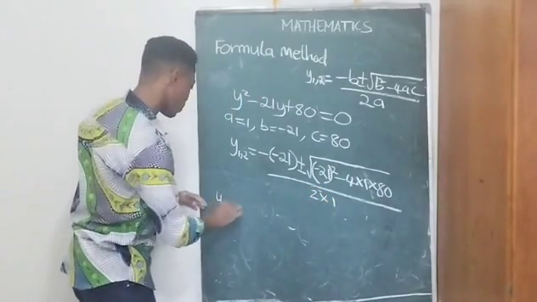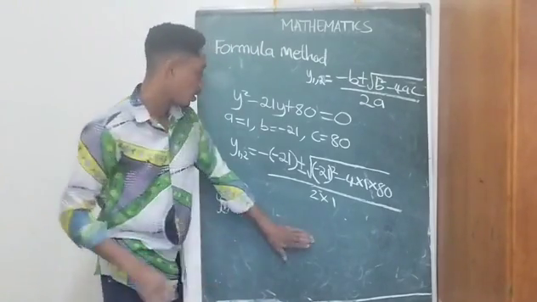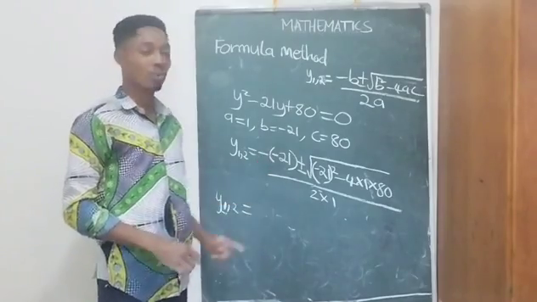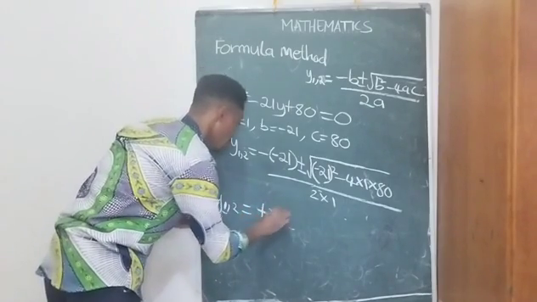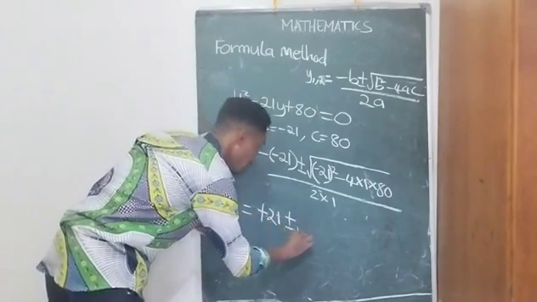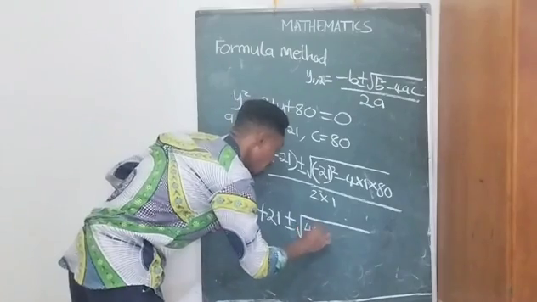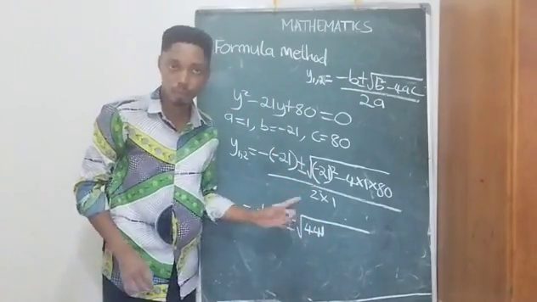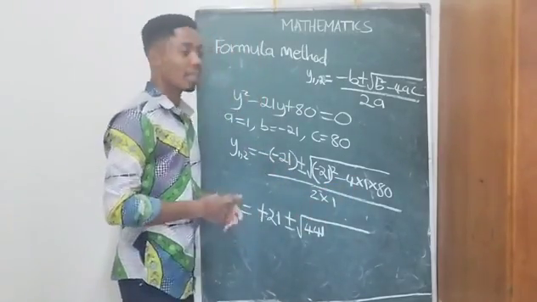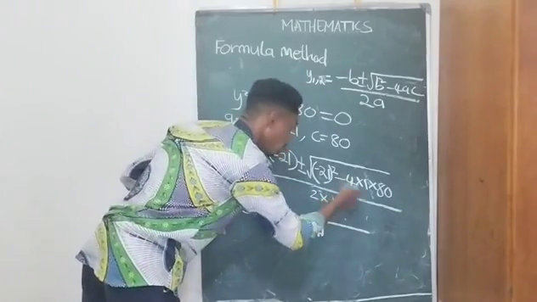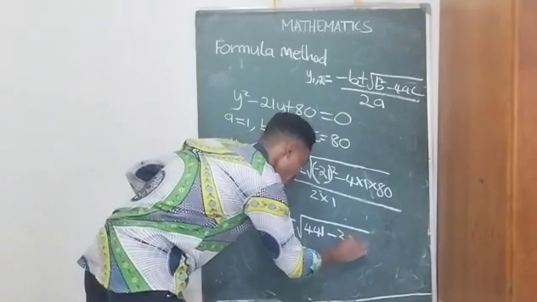So y1, 2 will give you, you can see, minus 21 gives you plus 21. Plus or minus square root of, you can see this is 441. Plus 441, not minus 441. Minus 4 times 1 times 80, that is going to give you minus 4 times 1 is minus 4, times 80 is minus 320.